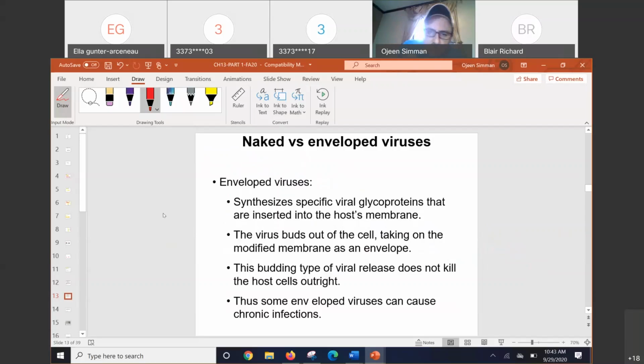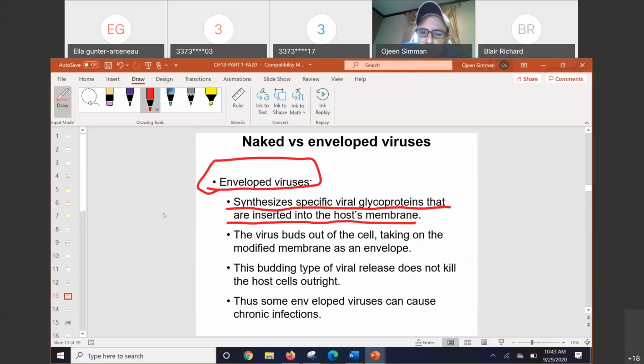Enveloped viruses synthesize specific viral glycoproteins that are inserted into the host's cell membrane.